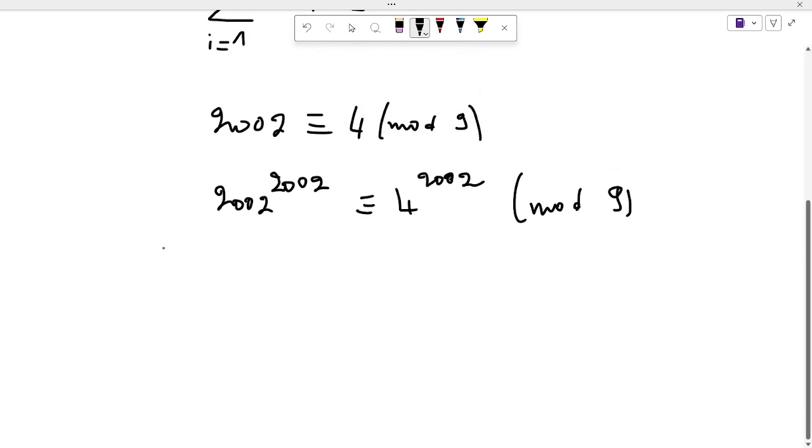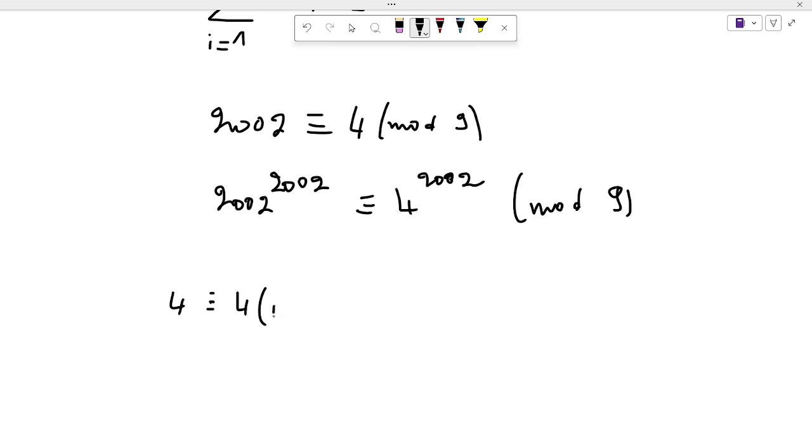So basically, instead of working with 2002 to the power 2002, we simplify it into 4 to the power 2002 in modulo 9.